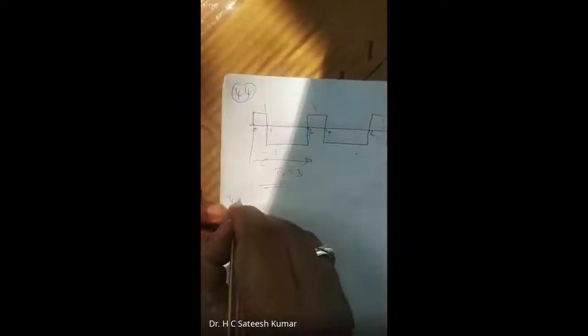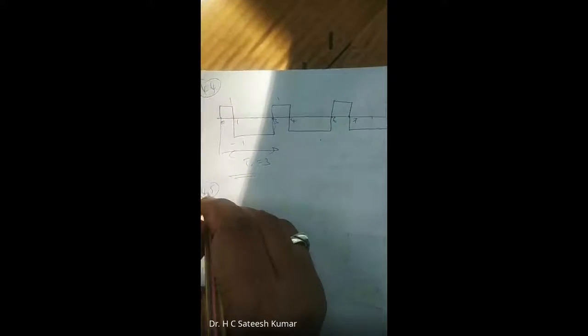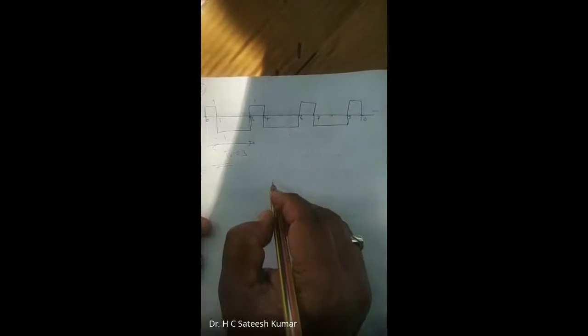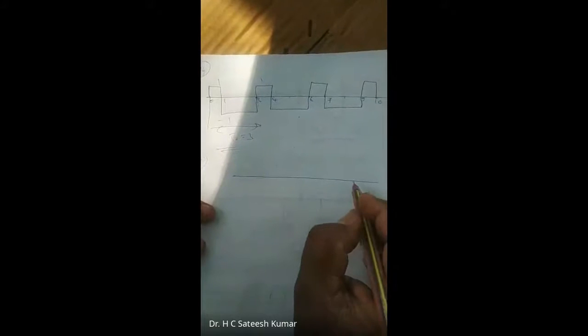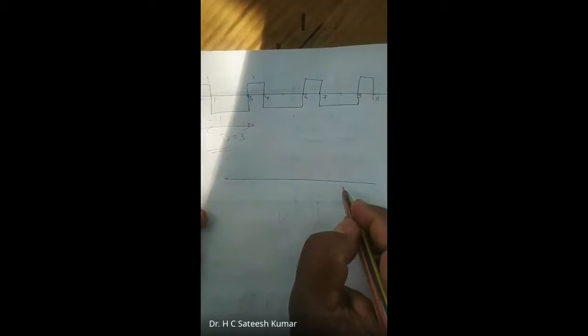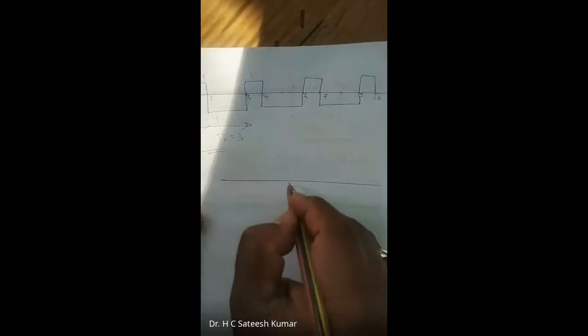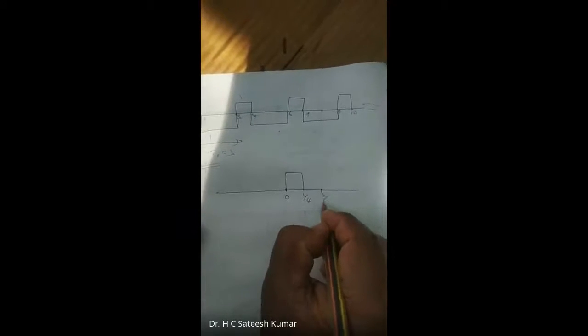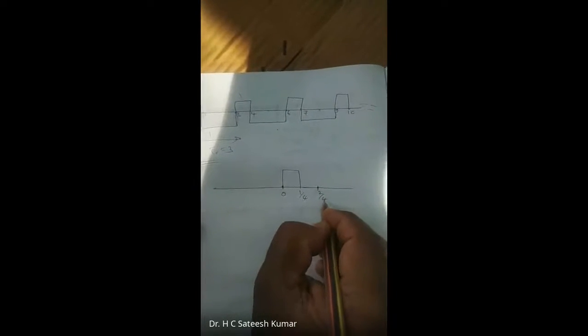Okay. One more problem. Let us take one problem of this sort. So 1 by 4, 0, 1 by 4, 2 by 4. It is 1 by 2.